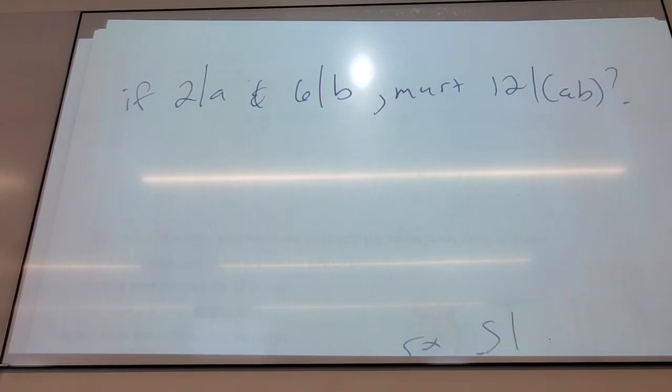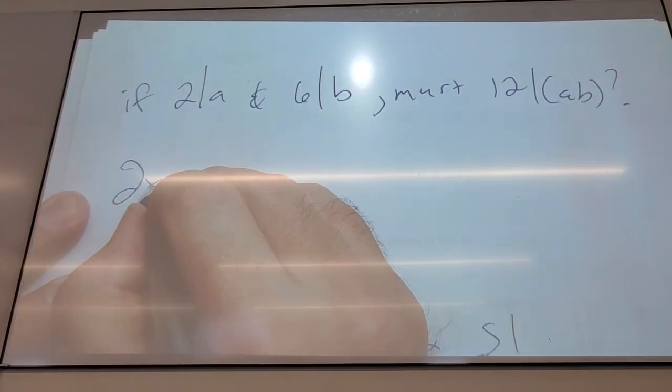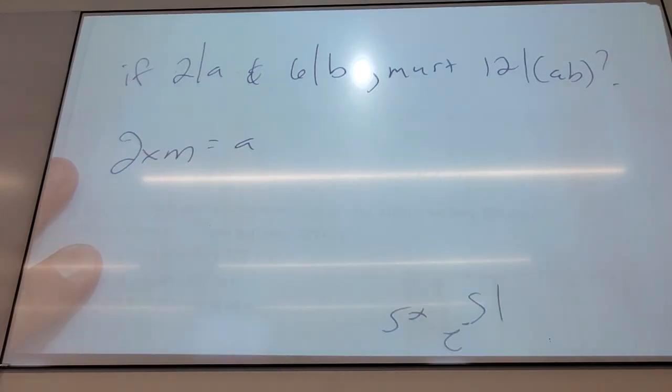What does it mean for 2 to divide A? 2 goes in A. What's another way to say it? Why does 2 divide 6? Because 2 times 3 is 6. So if 2 divides A, that means that 2 times something is A, yes?